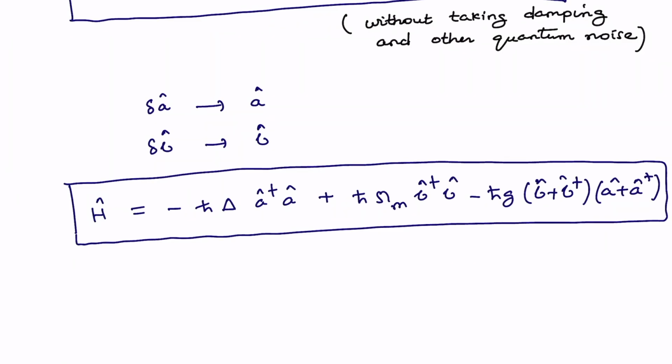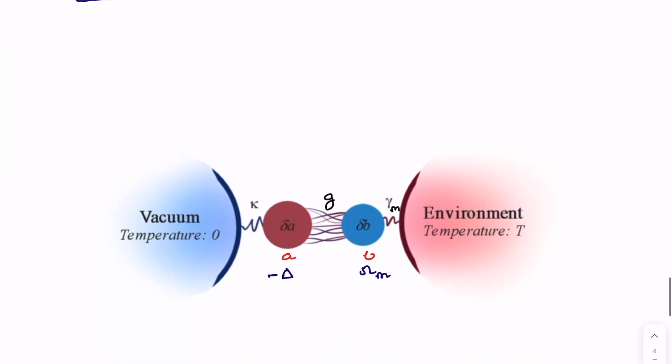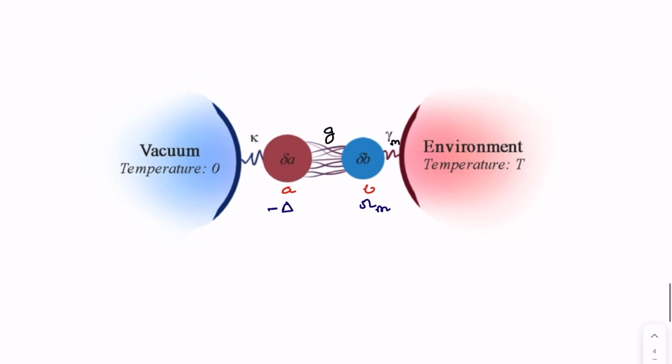Some physics hidden in the linearized optomechanical Hamiltonian can be captured by this very meaningful schematic. As you can see here, we have two coupled oscillators A and B. Coupling between them is Z. The oscillator A, the optical cavity, is decaying at the rate kappa to a zero temperature bath or environment, while the mechanical oscillator is decaying at the rate gamma m, and it is coupled to a finite temperature bath.